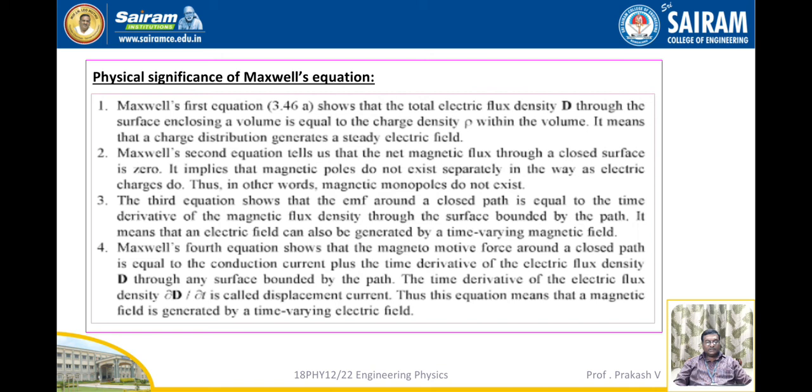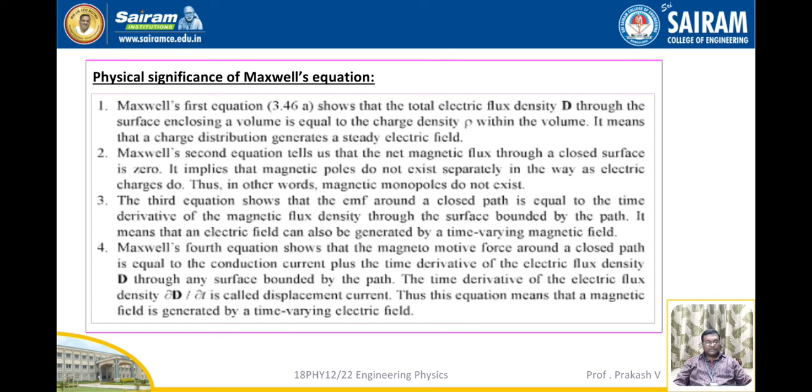Maxwell's second equation tells us that the net magnetic flux through a closed surface is 0. It implies that magnetic poles do not exist separately in the way as electric charges do. Thus, in other words, magnetic monopoles do not exist.